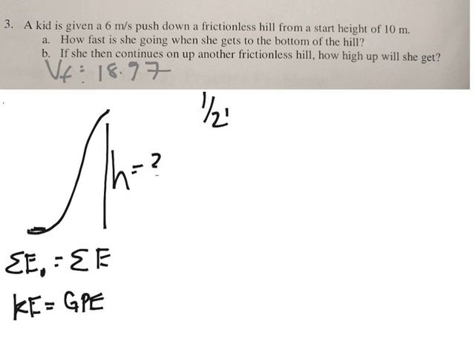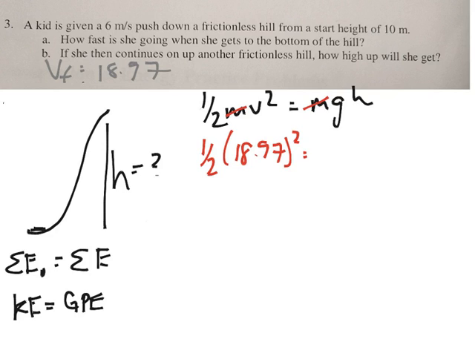That's 1/2 mv squared is equal to mgh. Mass is the same on both of them. We can get rid of it. So we have 1/2 times 18.97 squared is equal to gravity, which is 10, times the height, which we do not know.